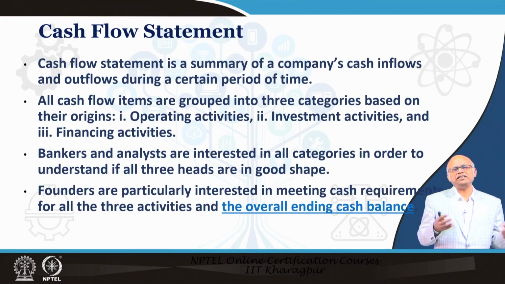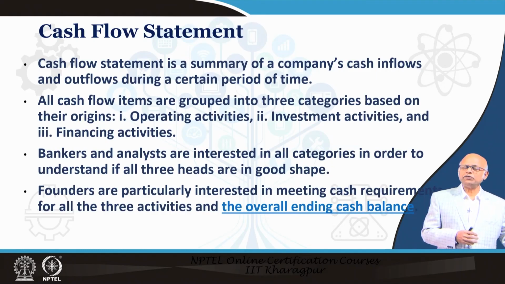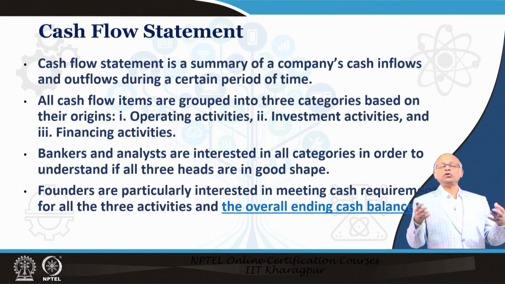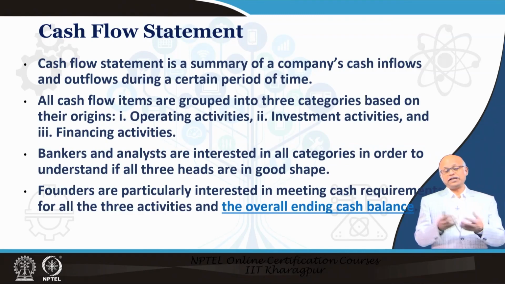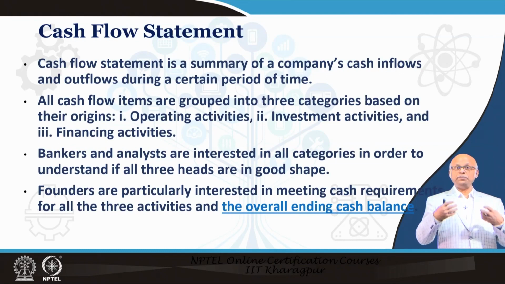Because any analyst, particularly bankers, will be interested to know how the cash flow has happened, from what sources, from what operating cash flow. Usually or ideally, more cash flow should happen, or positive cash flow, cash inflow should happen out of operating activities, from where you are actually making profit.